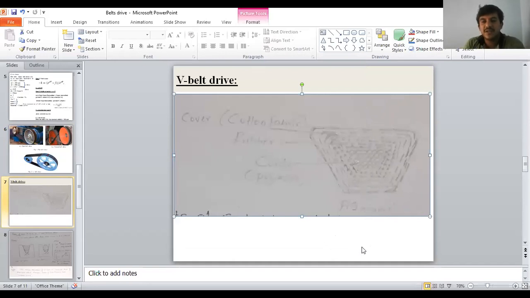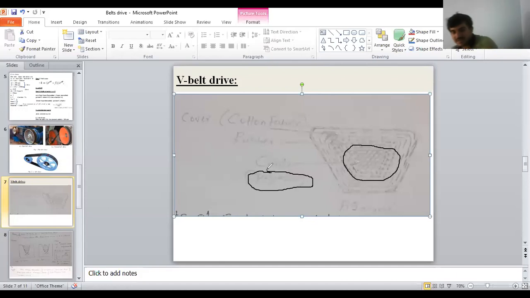Now, what does the V belt consist of? The inner portion we call the core. The core is made up of polyester material, a composite material. Poly means many, ester is a type of material, so it contains many materials.